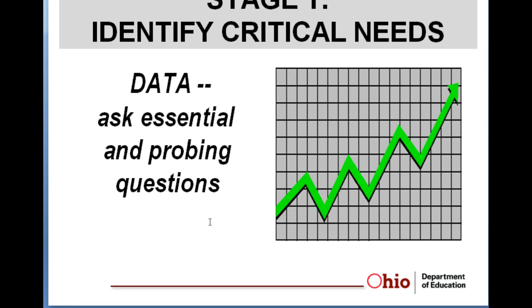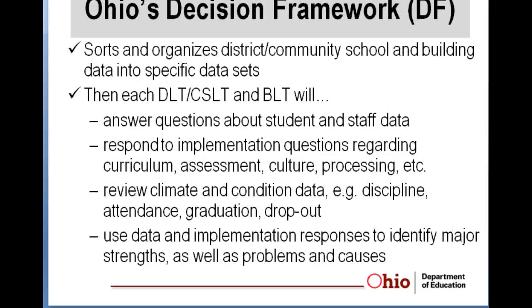Buildings and districts should also utilize building and district data from common assessments, benchmark assessments, DMA, etc. Remember, I talked about the decision framework. The decision framework sorts and organizes that data, and it should be utilized by DLT and BLT teams.